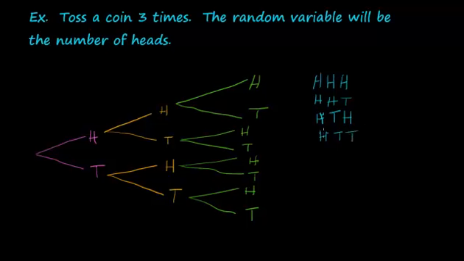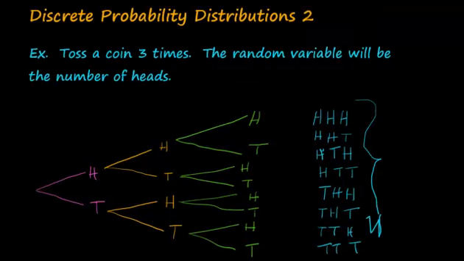Okay, that's every possible combination if heads were thrown on the first toss. So now if tails is thrown on the first toss, I have tails, heads, heads, tails, heads, tails, tails, tails, heads, and the last, all tails. So again, this is a nice way to create our sample space.